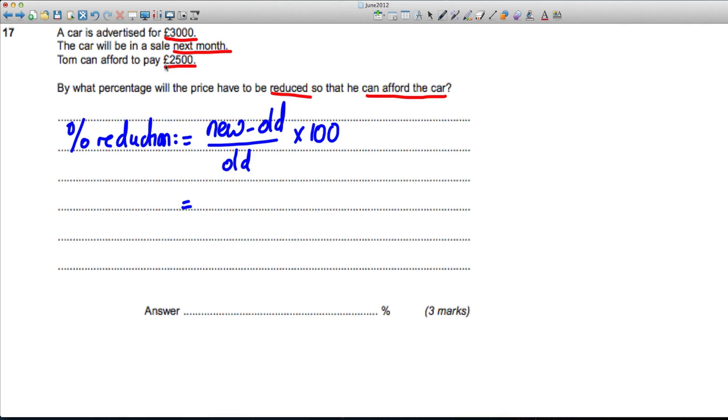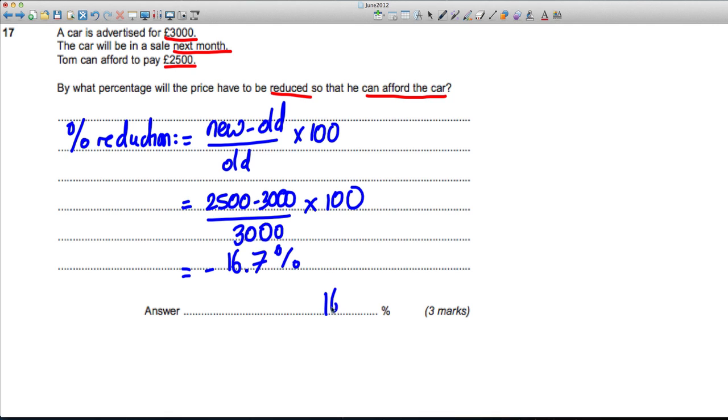And the new is 2,500, take away 3 grand, over 3 grand. The percentage reduction must be relative to what it started at, times 100. So that's negative 500 over 3,000. So to me, it looks like negative 16.7%. So the reduction must be 16.7% to 1 dp.